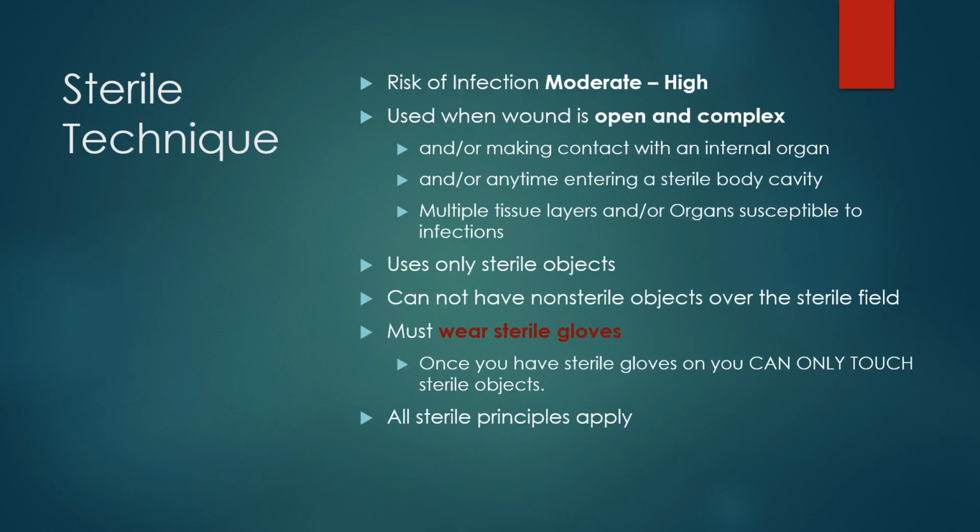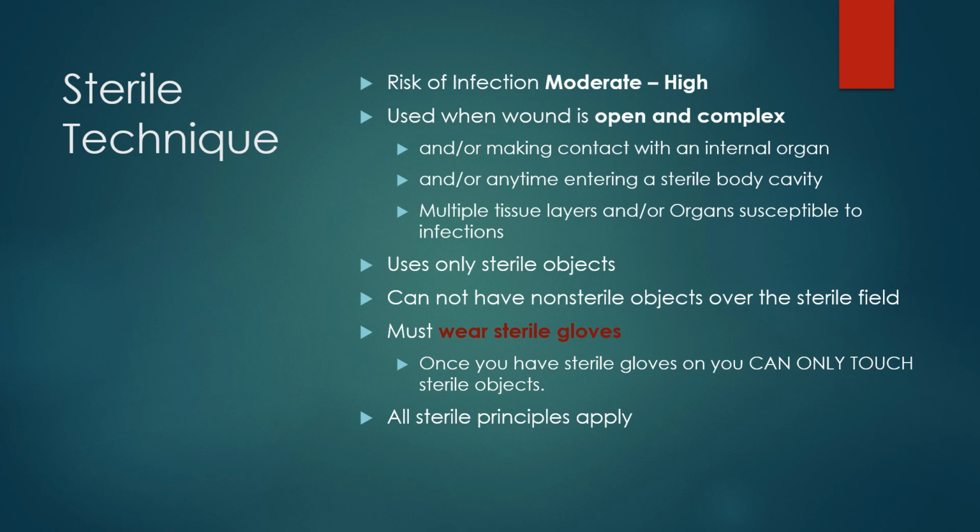And lastly, we have the sterile technique. This is when the risk of infection is moderate to high. It is used when wounds are open and complex, meaning we are making contact with an internal organ or entering a sterile body cavity, or there are multiple layers involved or multiple organs are susceptible to infection.